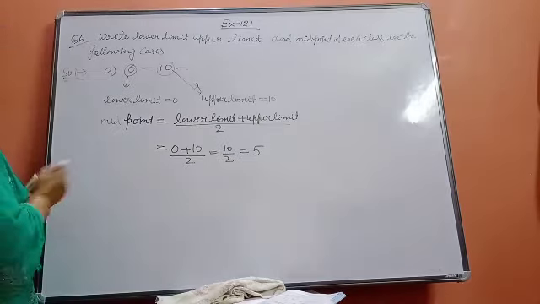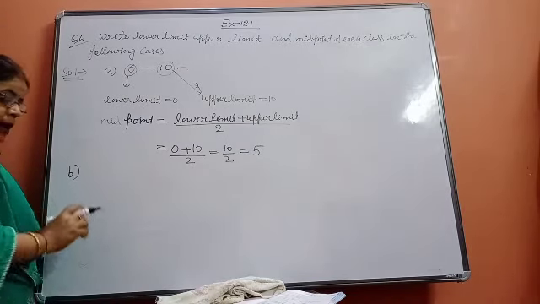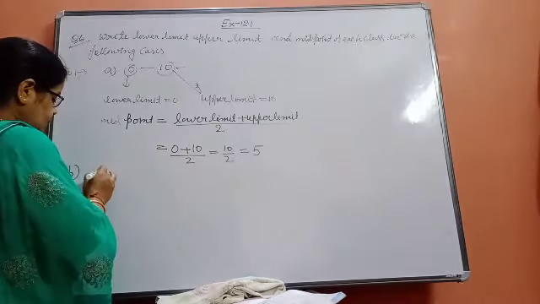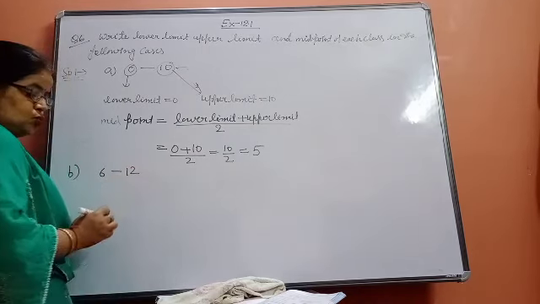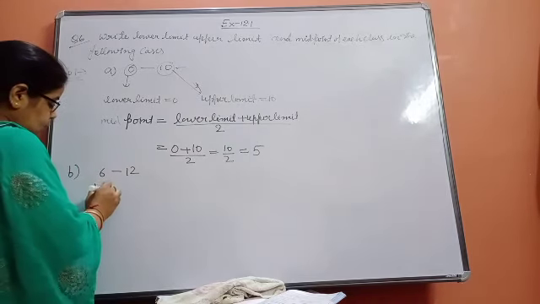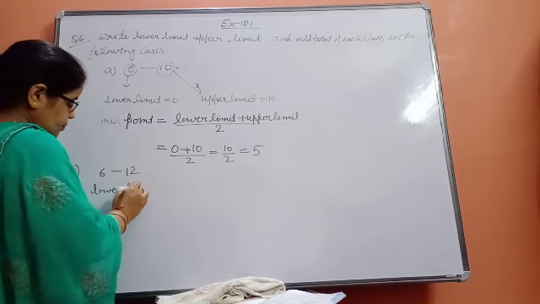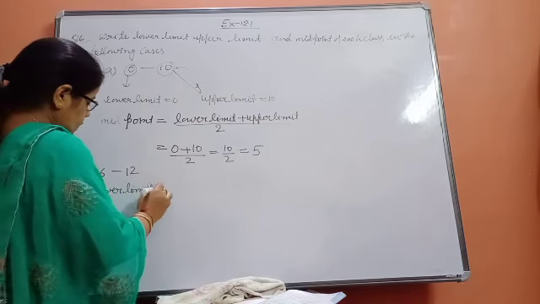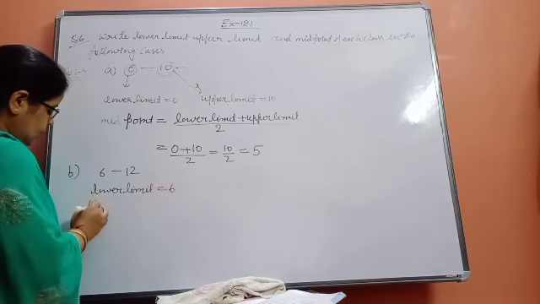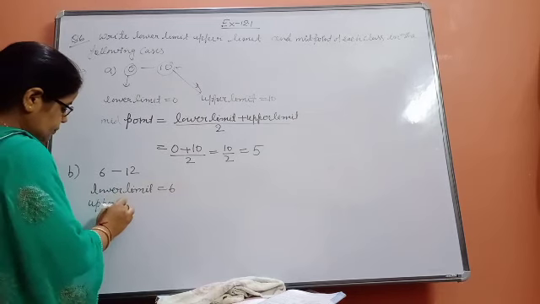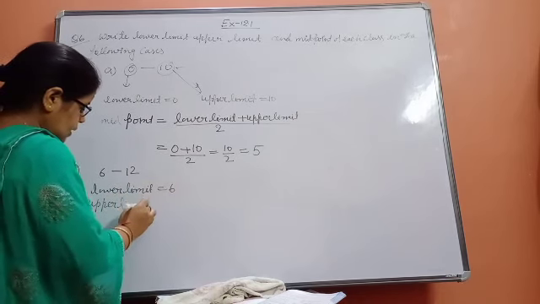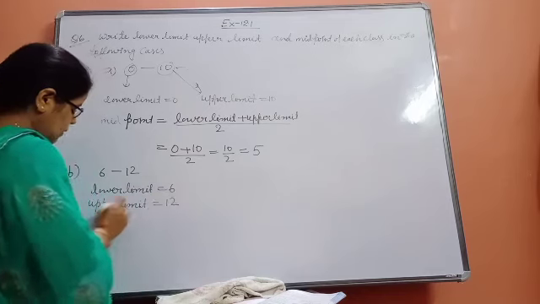Now see the B part of this question. What is the B part? 6 and 12. This time the interval is 6 to 12. So lower limit is equal to 6, upper limit is equal to 12.